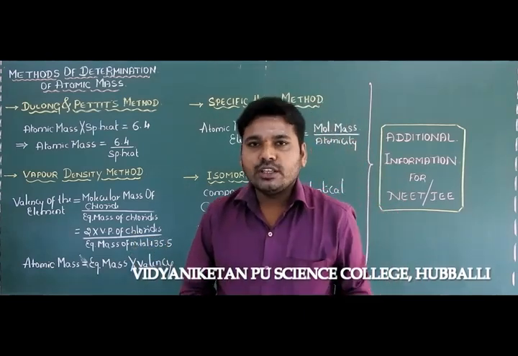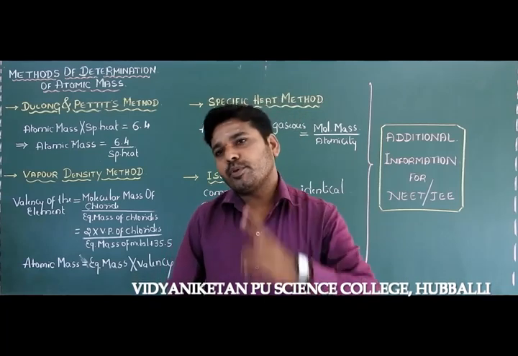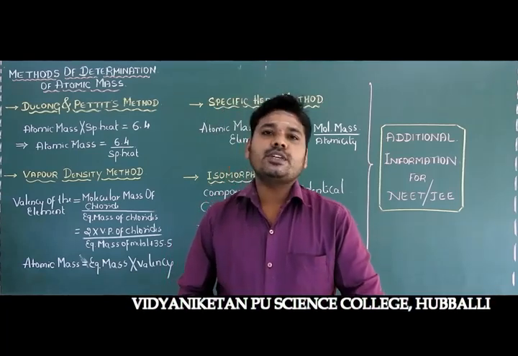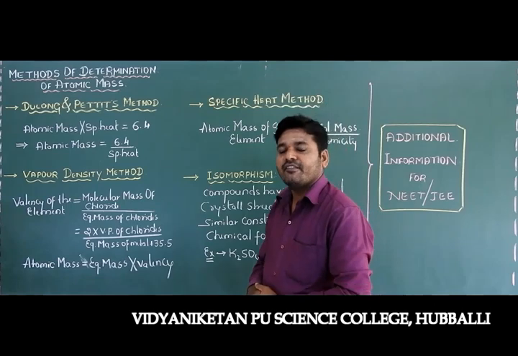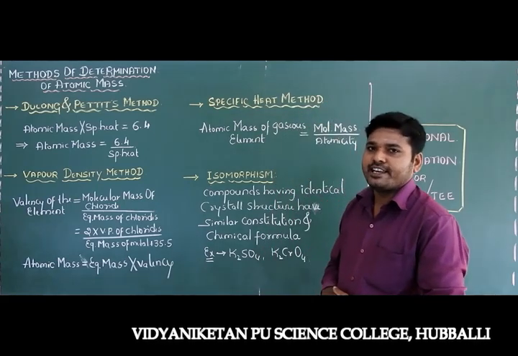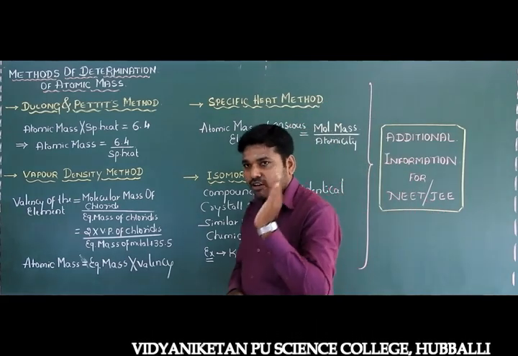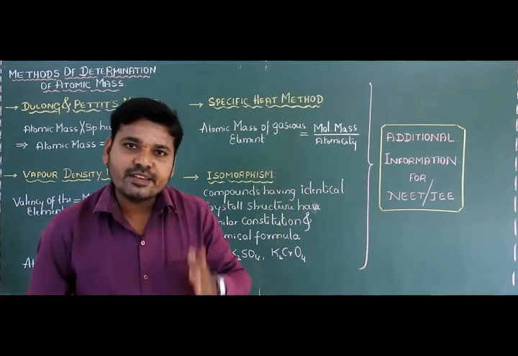In addition to all these important points, one more important term used under the atom concept is the average atomic mass of an element, students. Please recall the average atomic mass of an element.